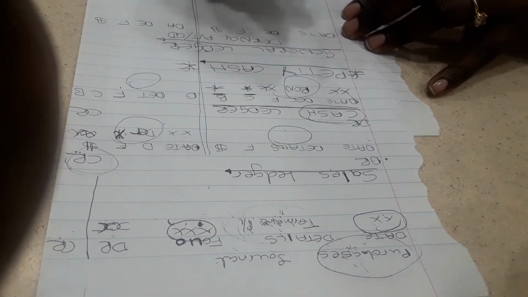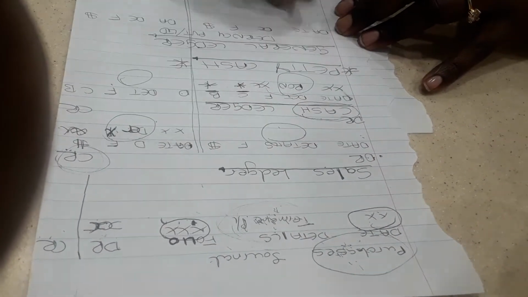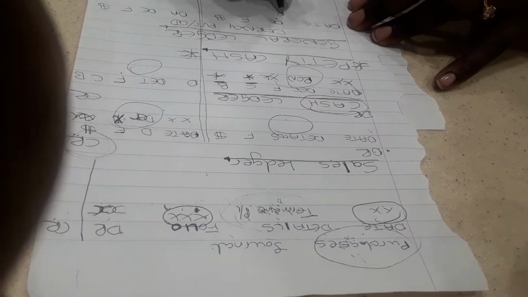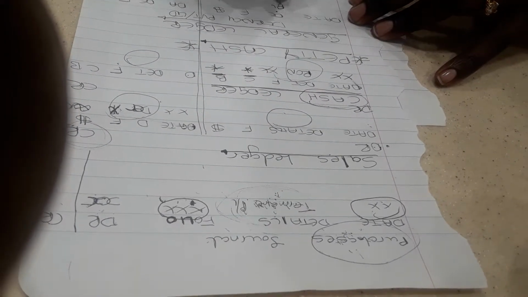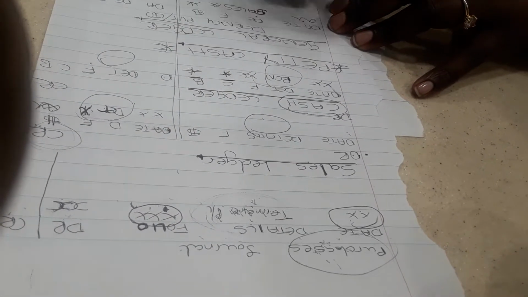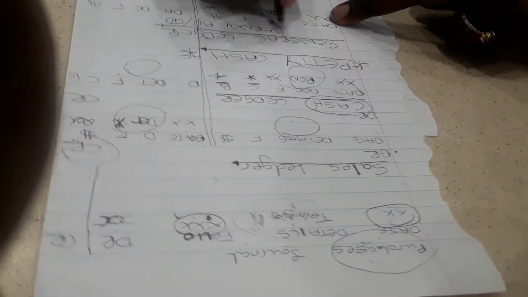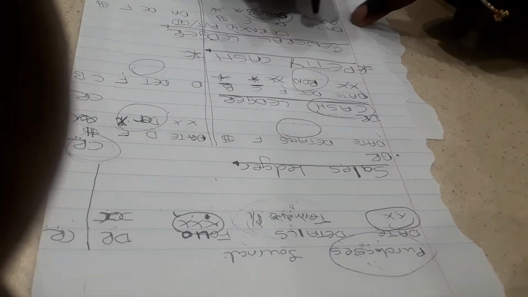And for each transaction that is credited, it will have a corresponding debit entry because Densey is receiving, so Densey is purchasing from us. So in this details part in Densey's account, we're going to put sales, whatever amount it is, the receipt number, and the date. So you're going to notice that in just this entry, you know the two parties involved, the date it was done, the amount, and the associated receipt number.